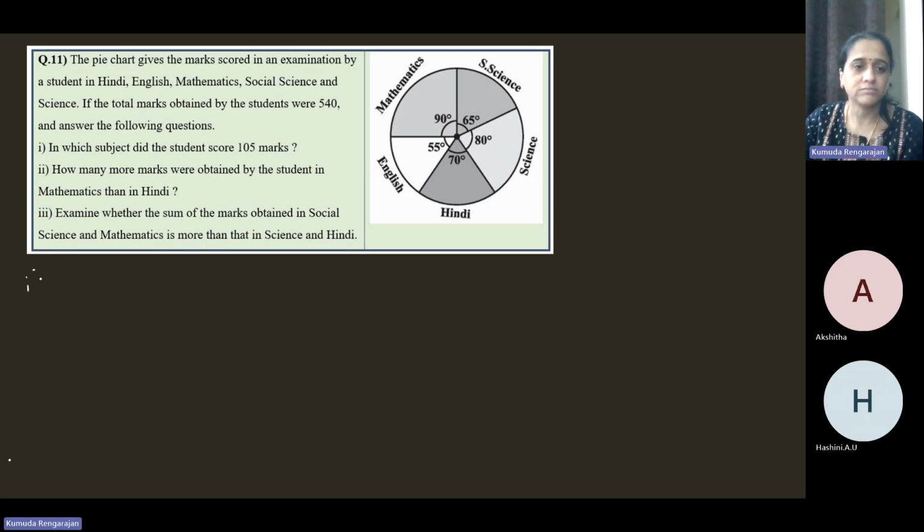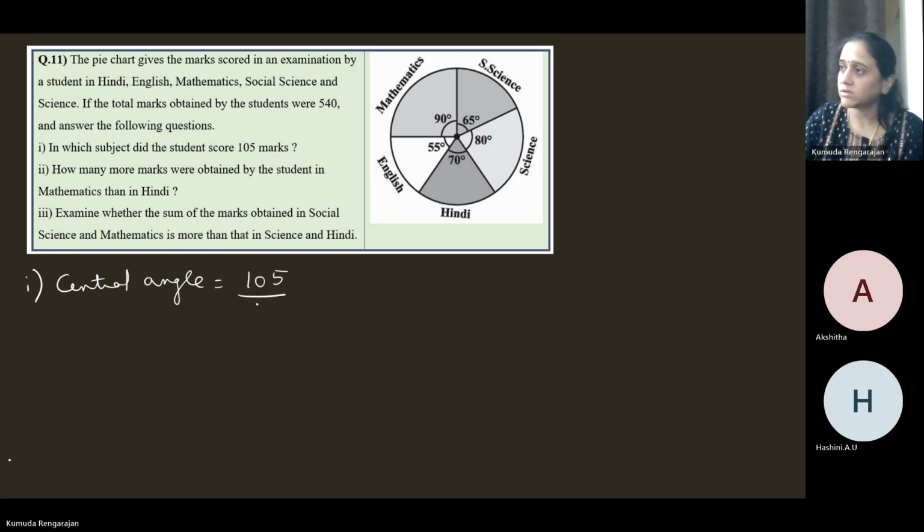See here. We'll just find the central angle. 105 marks, out of 540. You cannot put 360 in the denominator. 105 marks by 540 marks. If you have marks in the numerator, total marks in the denominator.